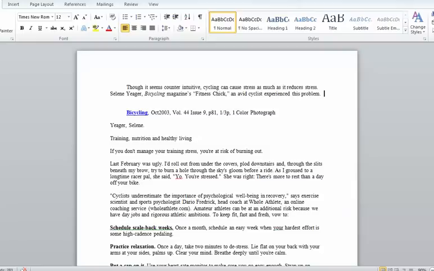All right, so what I've done in these two sentences is I've set up my quote. And so what I want to do now is put the quotation in. And remember, I've got to build it in so that it sounds like part of my sentence.